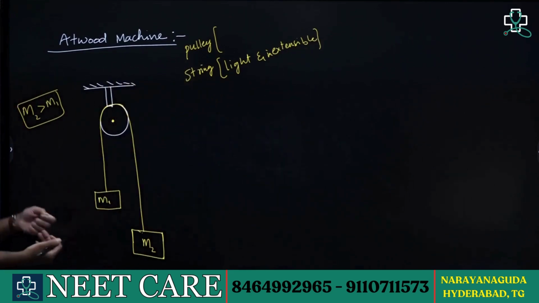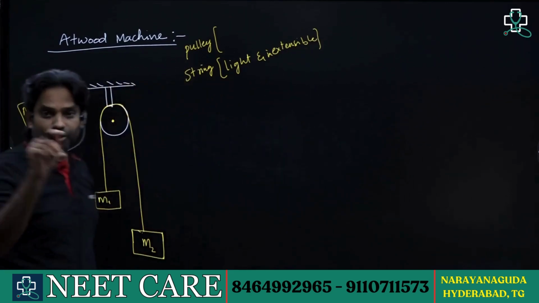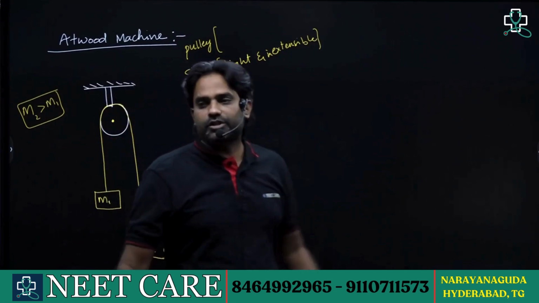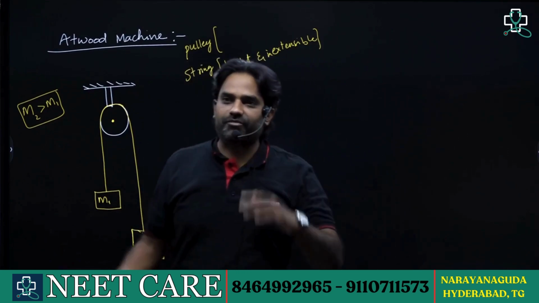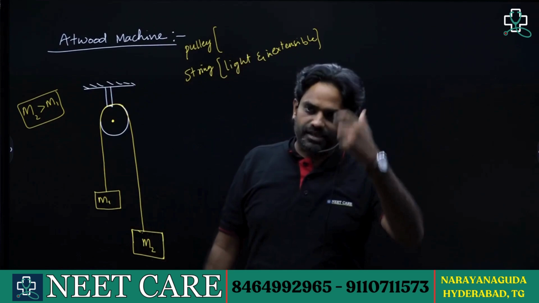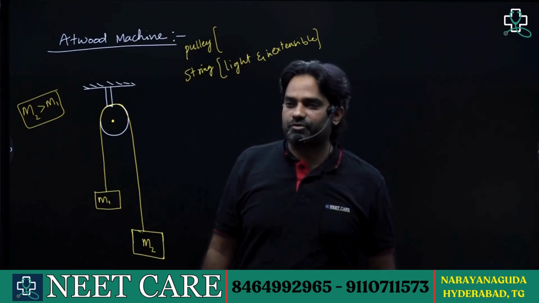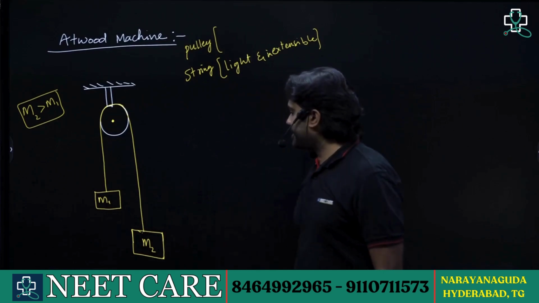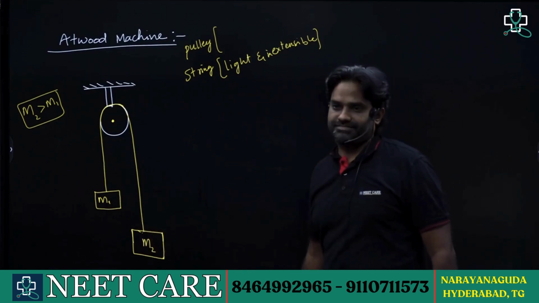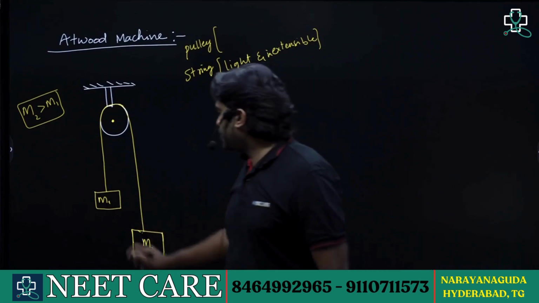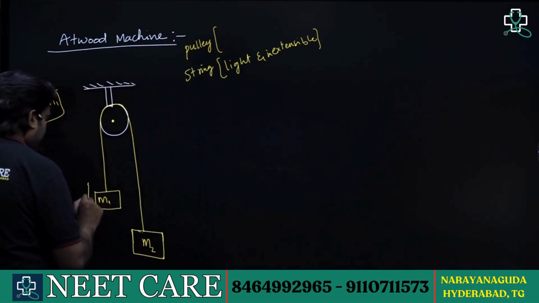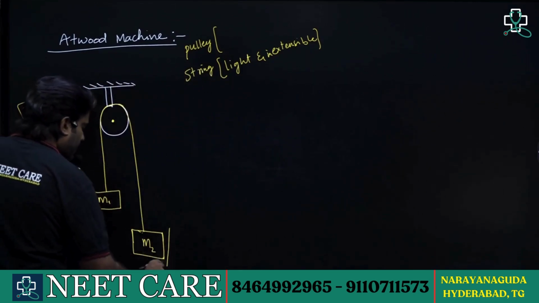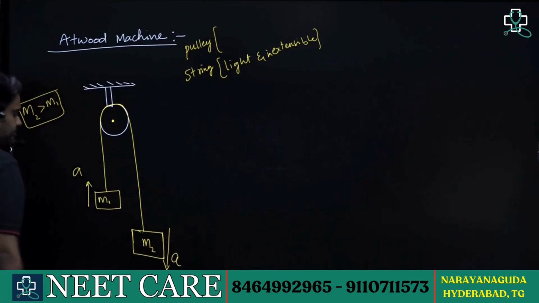Practically when you hang some weight it will get extended, but we will ignore extension, because if you consider extension you need to take Young's modulus, and we have to shift our discussion to elasticity, the mechanical properties of solids. But here our discussion is to understand the motion of the blocks. No doubt in this, one block will accelerate upward and the other block will accelerate downward.